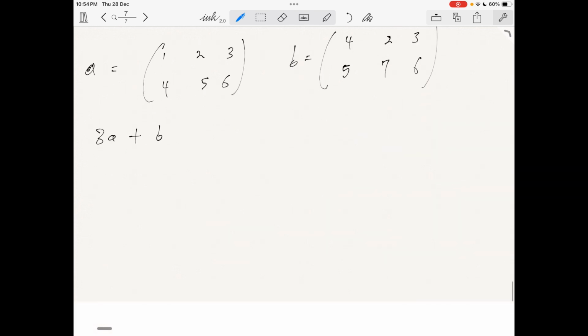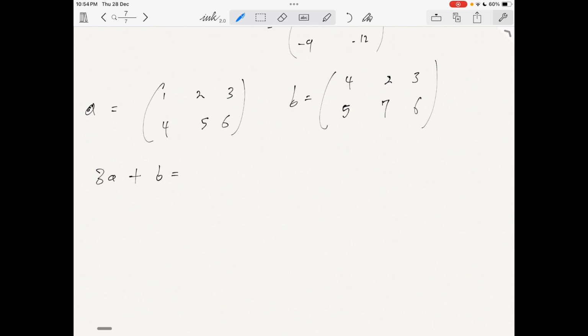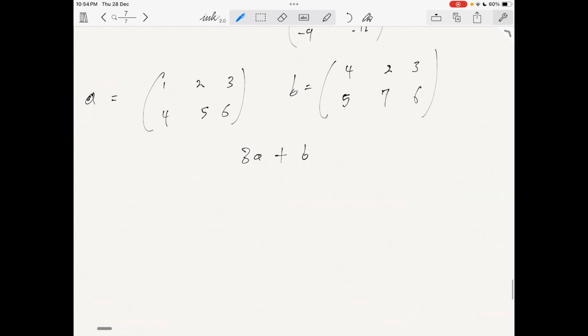So in 3A plus B, all we just have to do is substitute. The mathematics is very simple. It's just the operation of addition, subtraction, multiplication, and division. So let's substitute each and every one of these components.